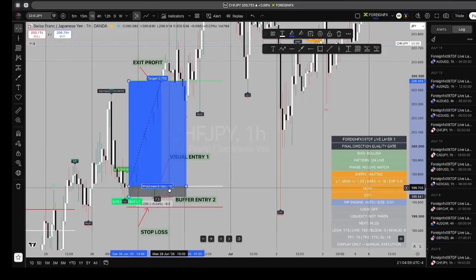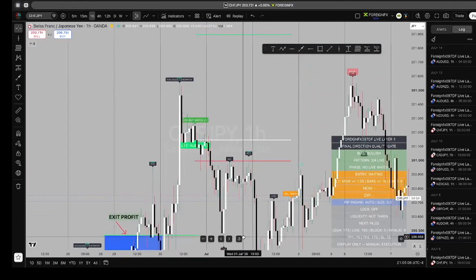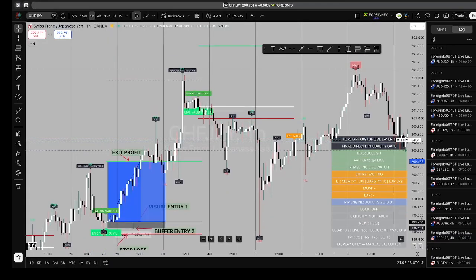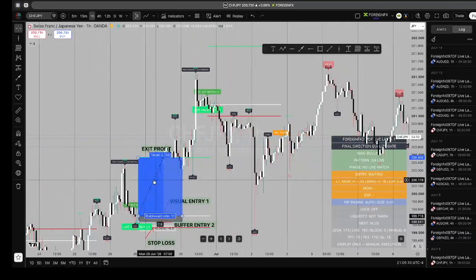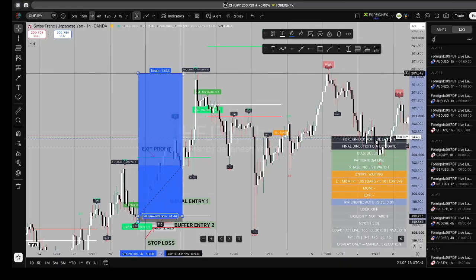So you could see 10. We risked 1% and we would have made 10% on this particular trade. You could see price went for more, so depending on how greedy you are, you would have got more. If you take it all the way up there, that would be a 1 to 24 trade.